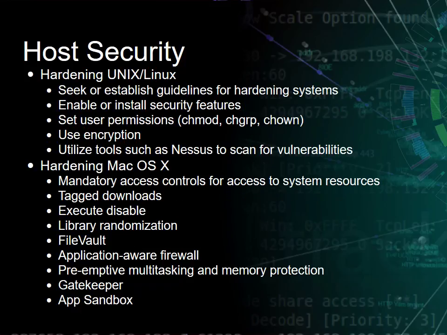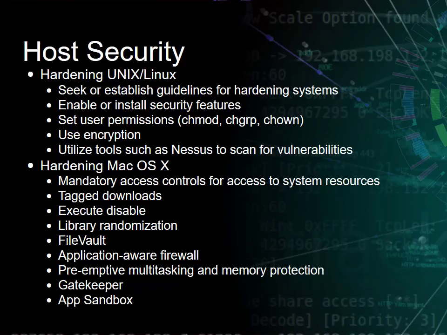For the most part, hardening Linux, Unix, and Mac OS is pretty much the same. It just has different technical ways of doing it. Once again, seek guidelines for hardening the systems and enable and install any security features necessary. In Linux in particular, you want to set user permissions using the chmod, chgrp, and chown commands.